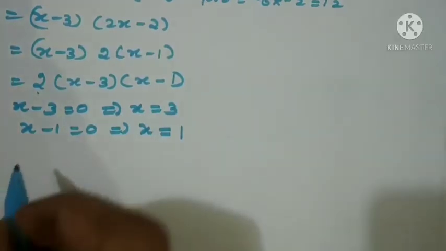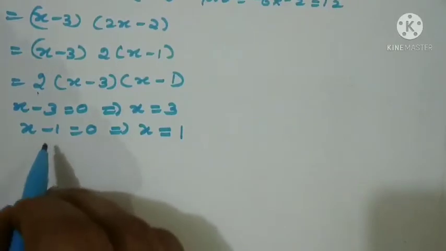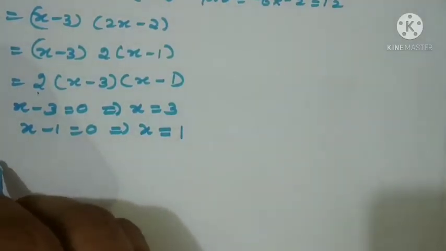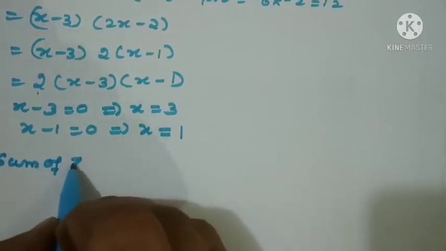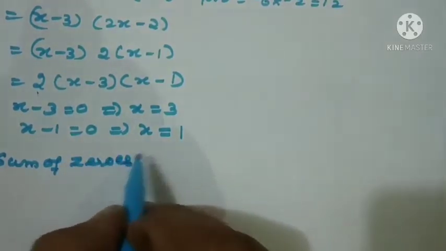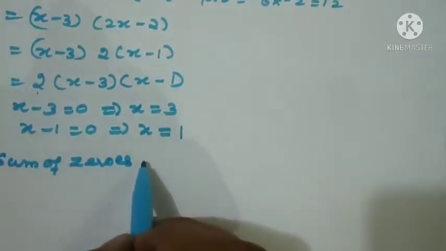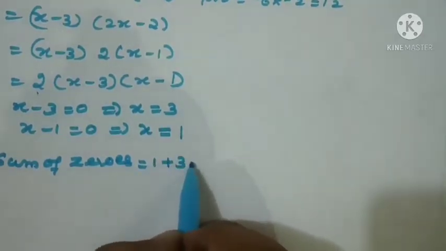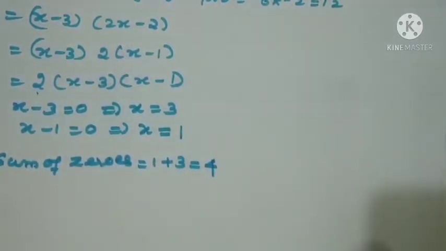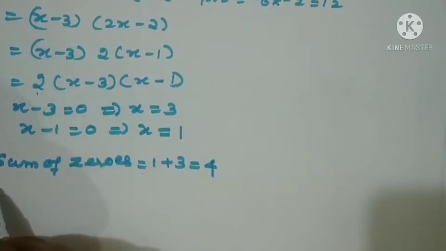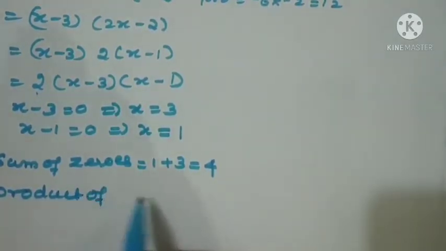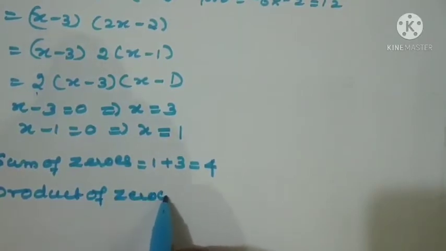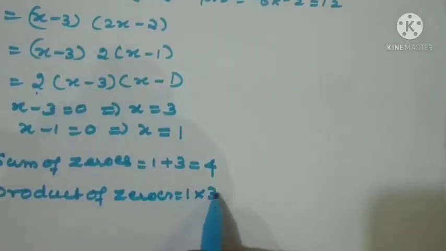So we calculate the sum of the zeros: 1 plus 3 is equal to 4. Next, the product of the zeros: 1 into 3 equals 3.